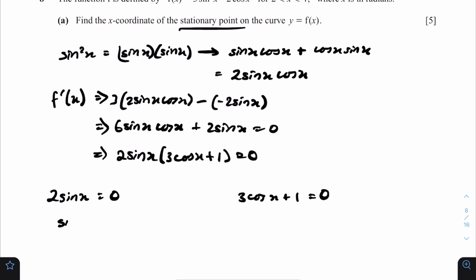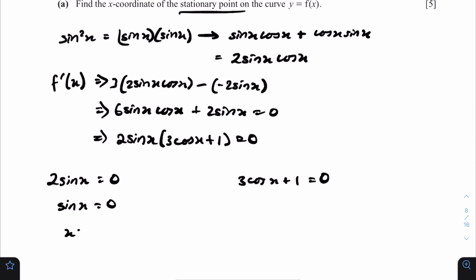Sine x has to equal 0 if we divide both sides by 2. Therefore, x is equal to 0, pi, 2 pi, etc. However, 0 and 2 pi are not in the domain, so the value has to be x equals pi. That's one solution, because x equals pi does fall in the domain 2 to 4.